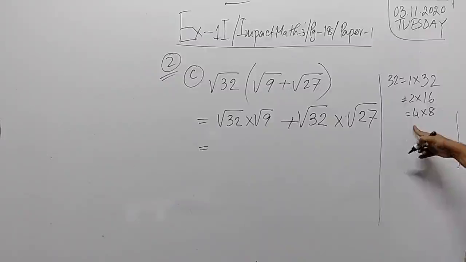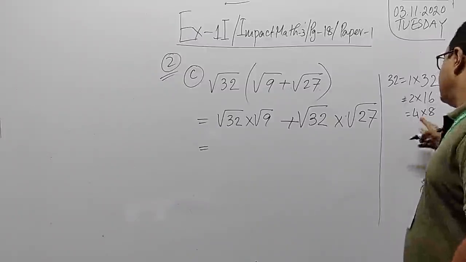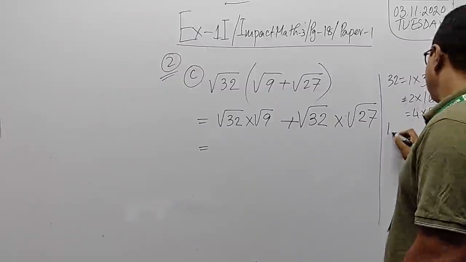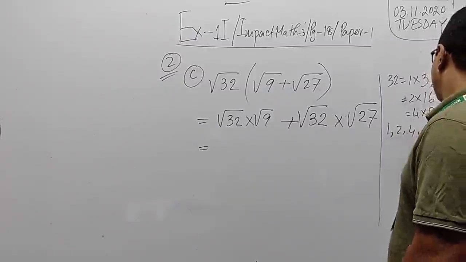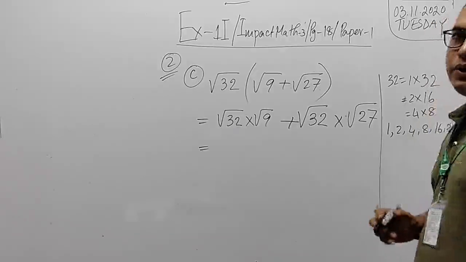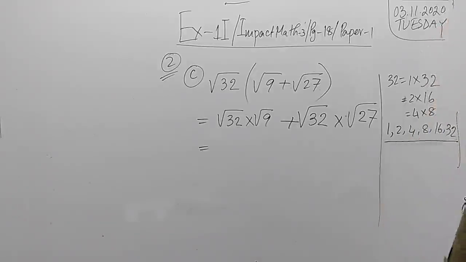Then 5, no, 6, 7, no, 8, then it will go in reverse. So these are the factors. The factors will be 1, 2, 4, 8, 16 and 32. Sometimes we will do that mentally, but for initial practice, we are writing 1, 2, 4, 8, 16, 32.